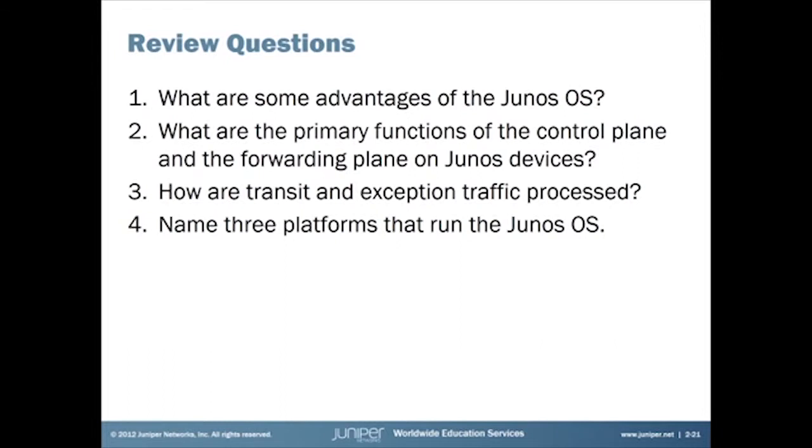What are some of the advantages of the Juniper operating system? There's a few advantages that it has. One of the main advantages is that the same operating system is used across all the devices.